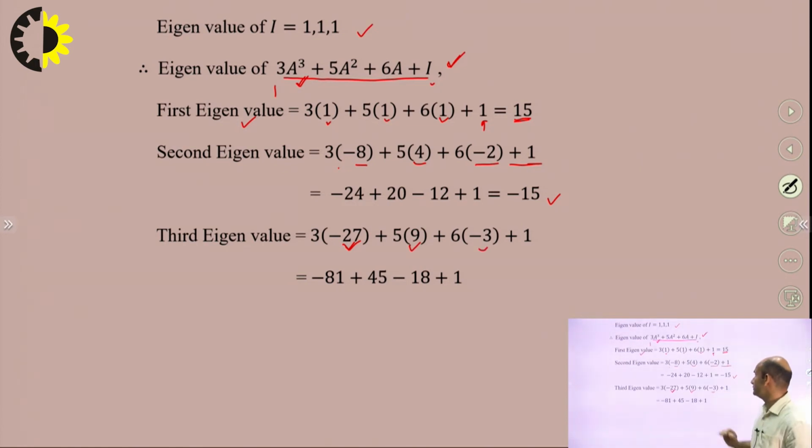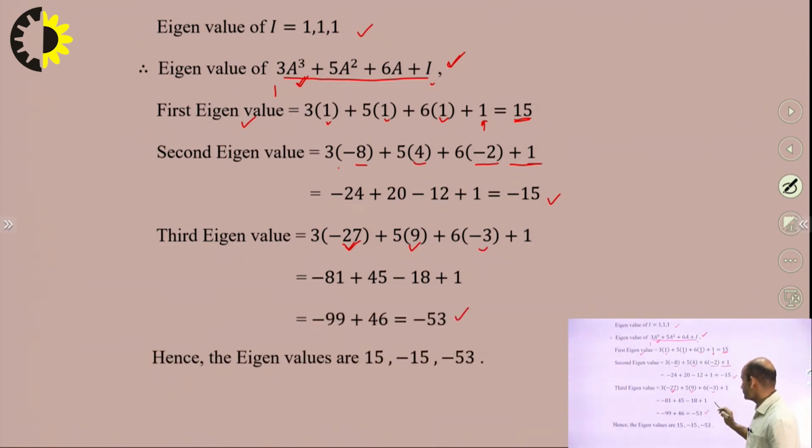Then the last term we have is 1, which is the eigenvalue corresponding to the identity matrix. So, after solving this, we get minus 53. So, 15, minus 15 and minus 53 are the eigenvalues of the given expression corresponding to the eigenvalues 1, minus 2 and minus 3, which are eigenvalues of matrix A.